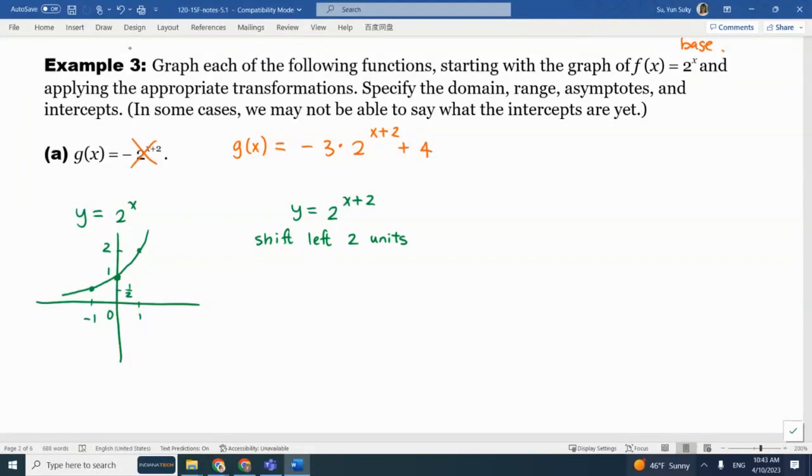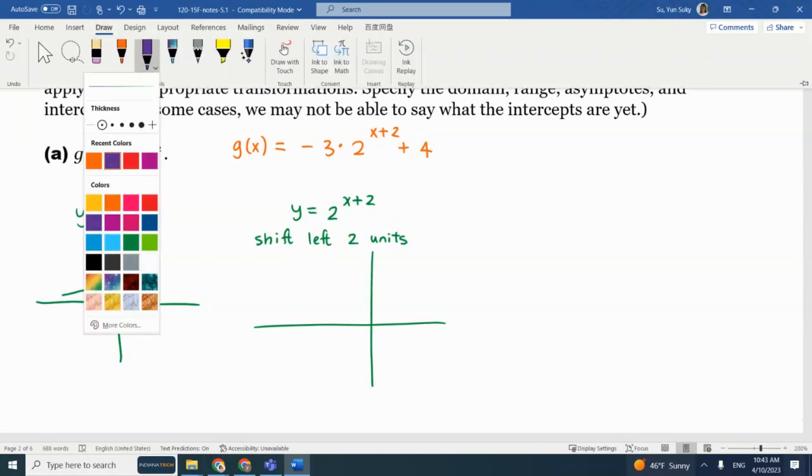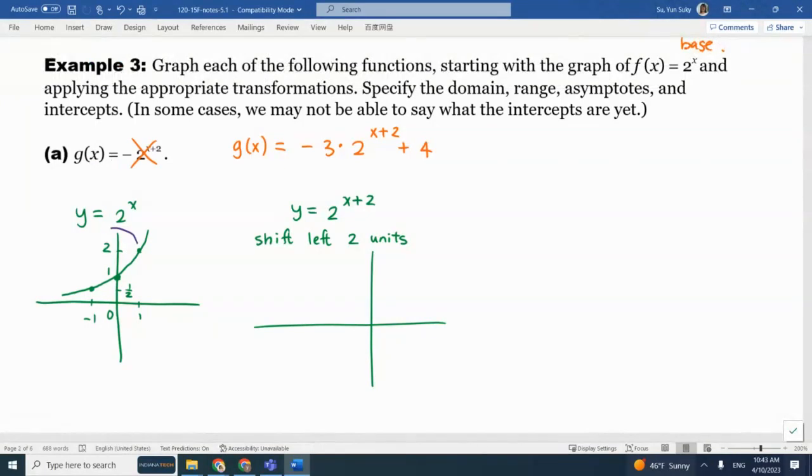So look at those 3 key points. This point, you shift to the left 2 units. What is the new point? It'll be minus 1 and 2. Right, everybody?